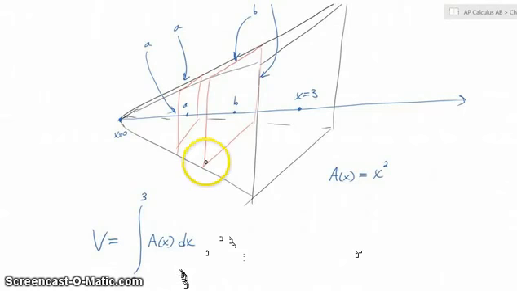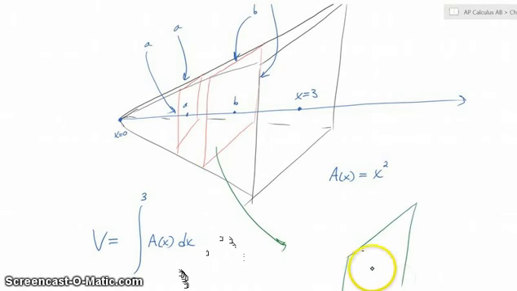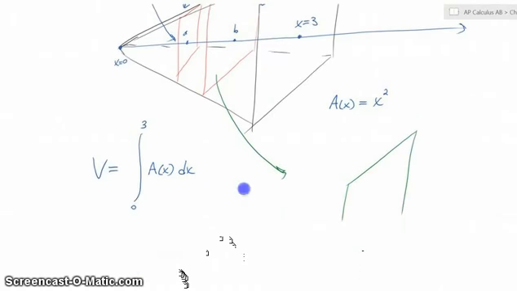And the dx, we could think of the dx as being, let me take one of these cross sections here. So here we have x, and this is the area.